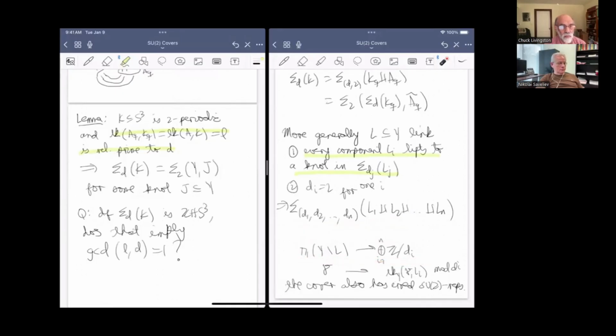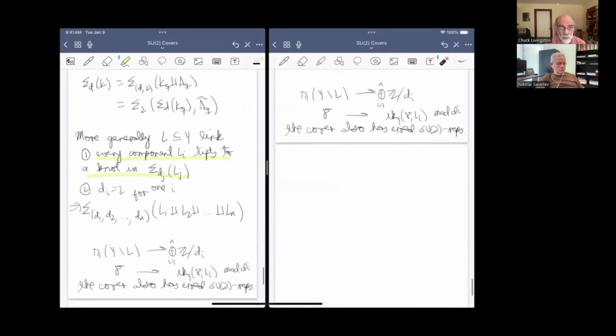I'm basically just taking the branch cover of each one of the components and putting them together. I'm looking at the Seifert surface of each one of the components. I'm not looking at Seifert surfaces whose boundary has more than one component, is what I'm trying to say.